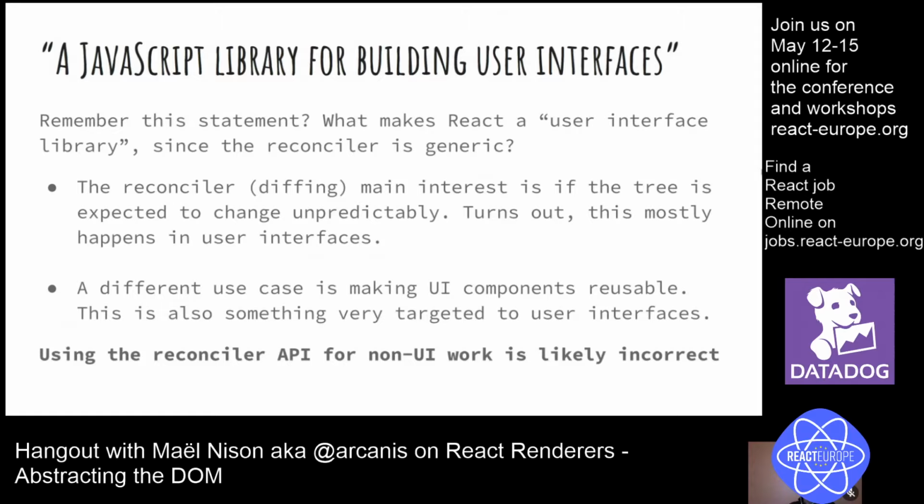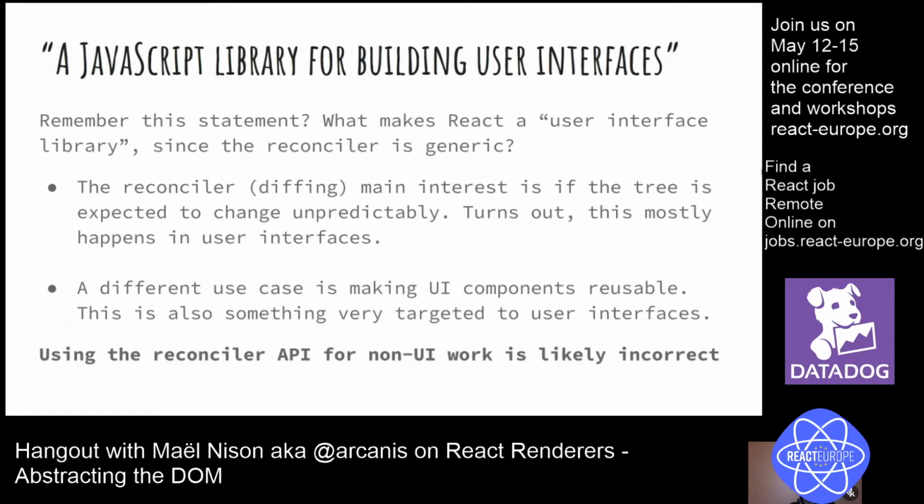But even in this case, that's something very targeted to user interfaces, because only user interfaces have UI components. That's the whole point. So for this reason, using the reconciler API for non-user-interface work is likely not what you want to do. In some very particular cases, it's still possible.